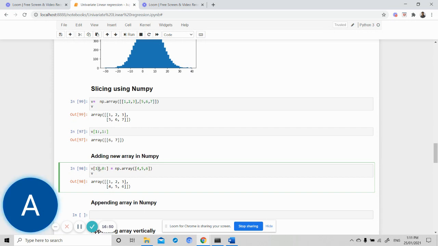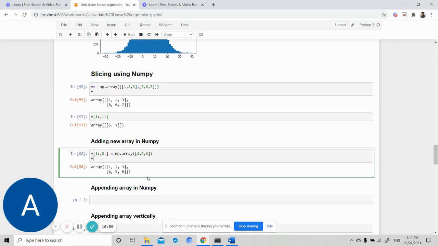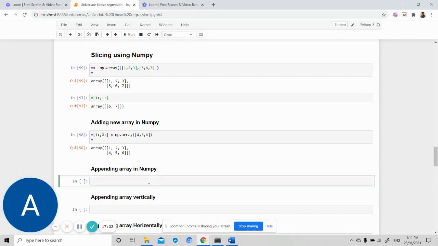This is my row and this is my column. This is the starting position and this is what I have converted it to, 4 5 6. Hope this makes sense.